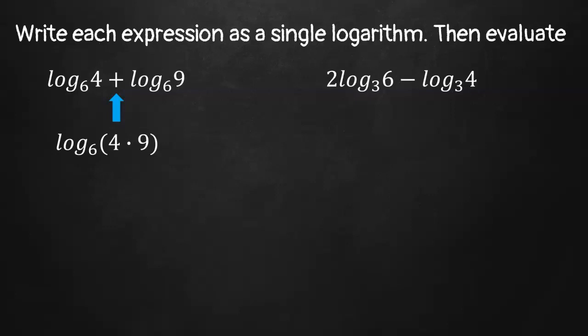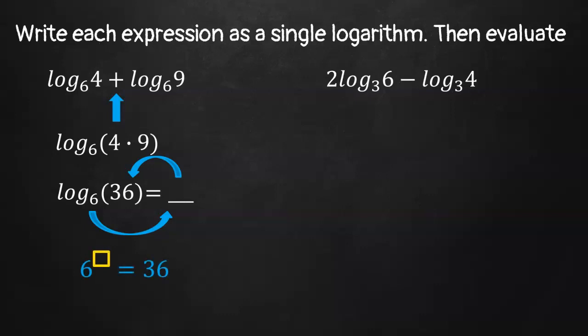Well, simplifying that, making it into one single log, I have the log base 6 of 36. When I'm trying to evaluate that, I'm looking at, all right, well, 6 to some power has to get me 36, which is 2.